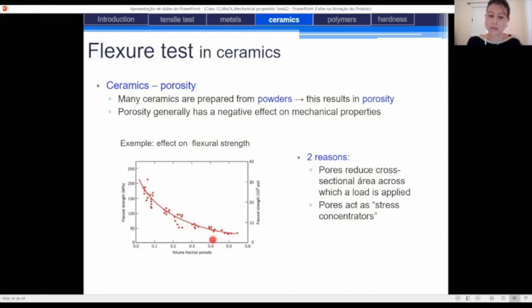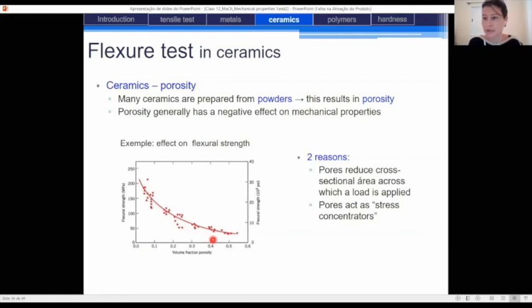This is due to two reasons. First of all, the pores reduce the cross-sectional area across which a load is applied, because of course the load is only applied to matter and not to the void.